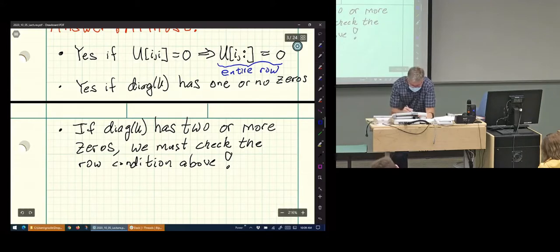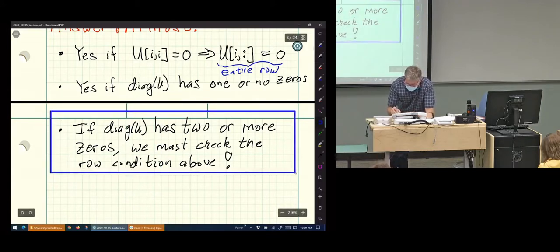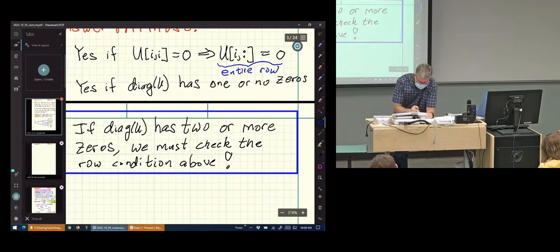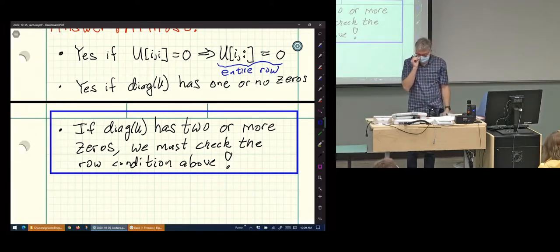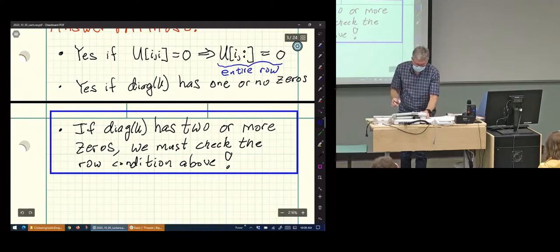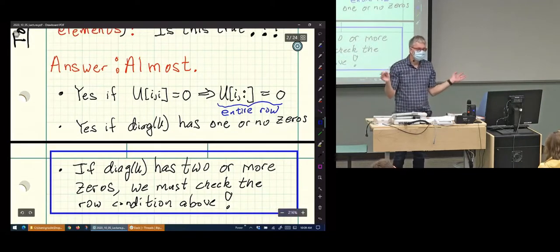This is super important. I'll put a little box around it, and we'll do lots of examples to make it clear. So it's almost true. That's what I mean by almost.